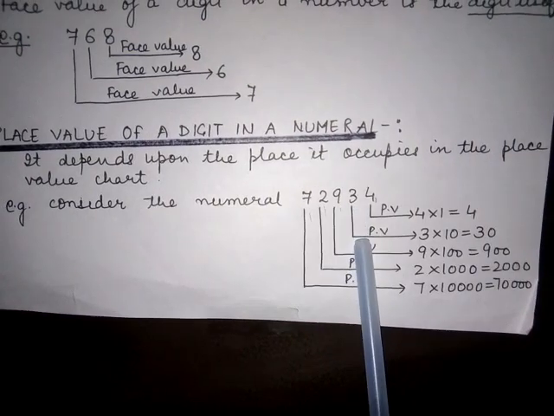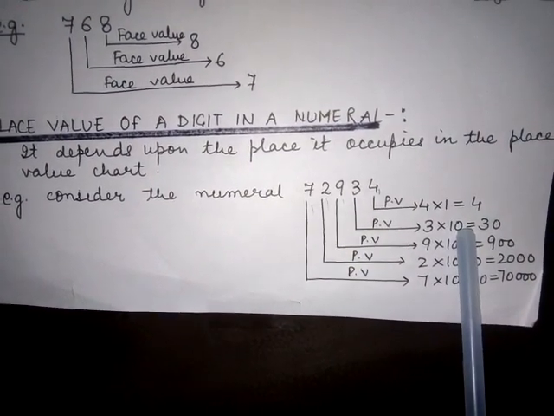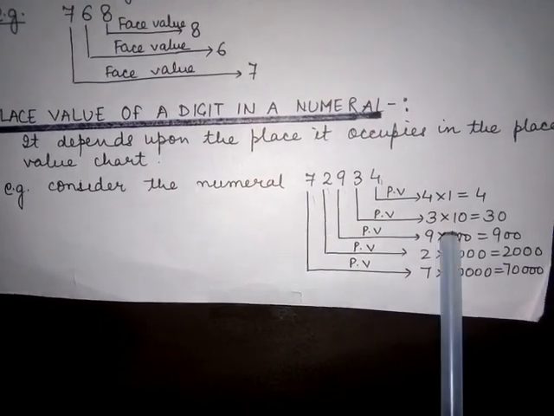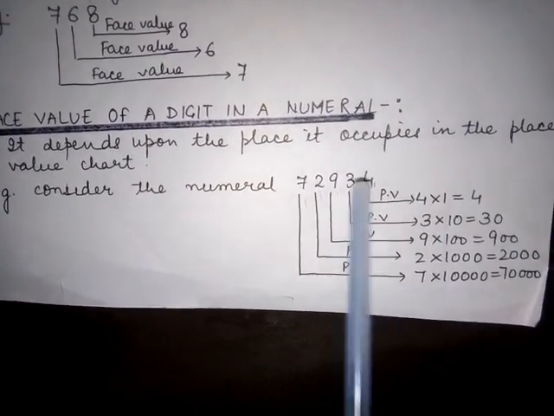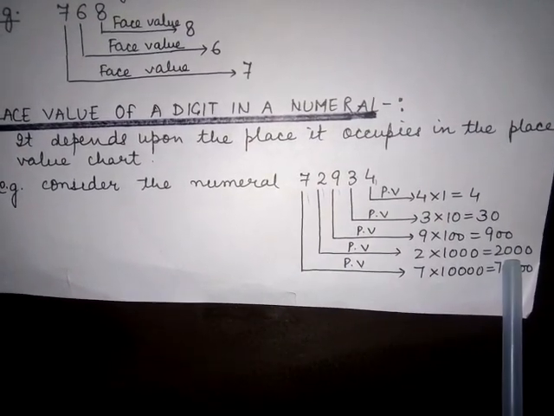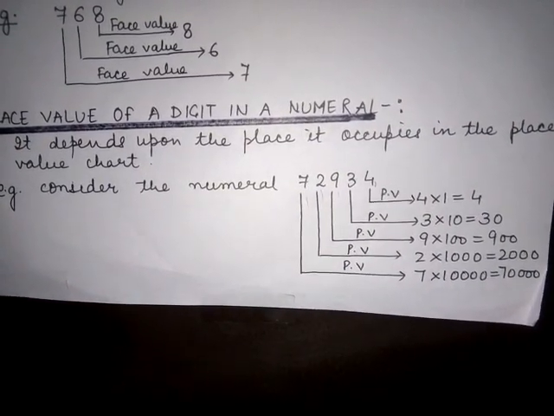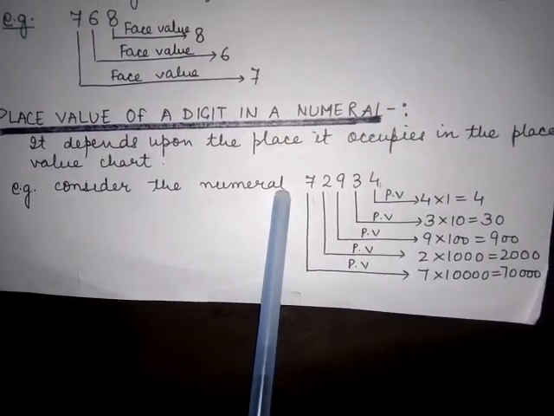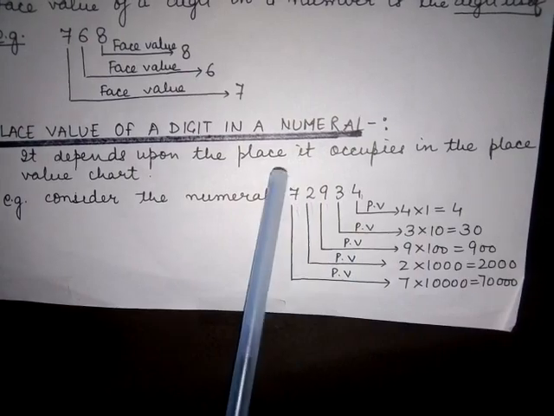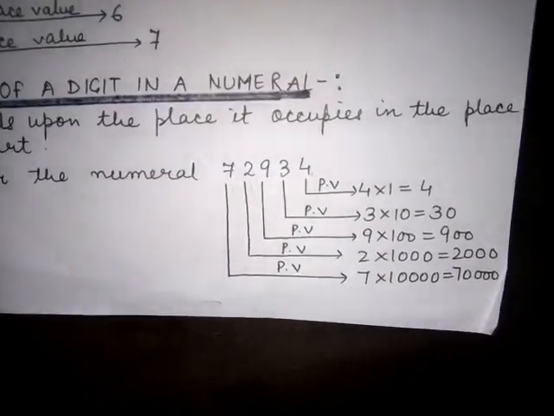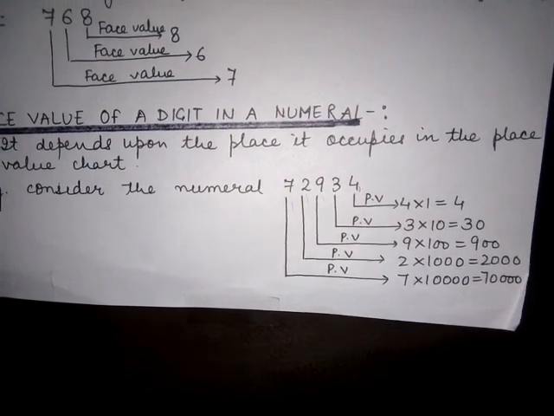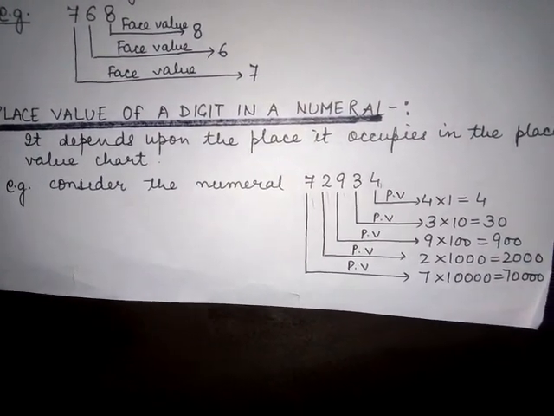What is the place value of 3? 30, because it is at the tens place. Place value of 9 is 900. It is at the hundreds place. Place value of 2 is 2000, because it is at the thousands place. And the place value of 7 is 70,000 because it is at the 10,000s place. So in this way you can understand what is the place value of a digit in a numeral.